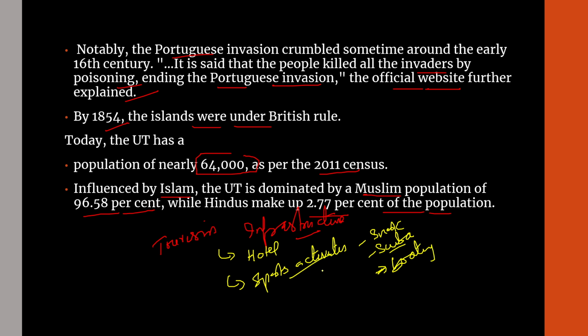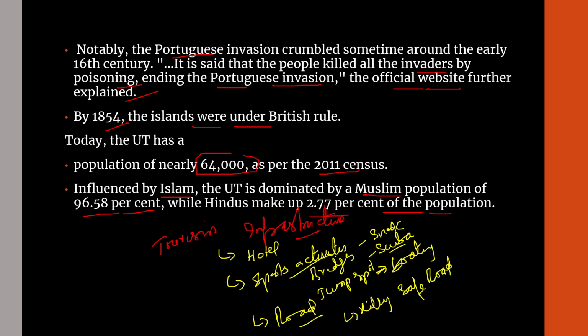These sports activities require bridges, jump spots, and road infrastructure, hilly safe roads, water plants, enough filtered water plants, electricity over there, 24 into 7 electricity because tourists cannot be troubled, right?